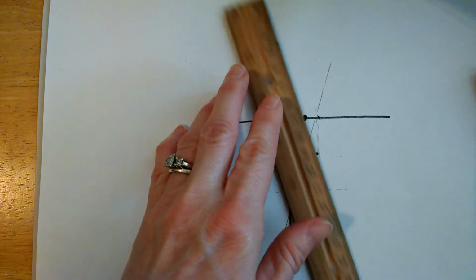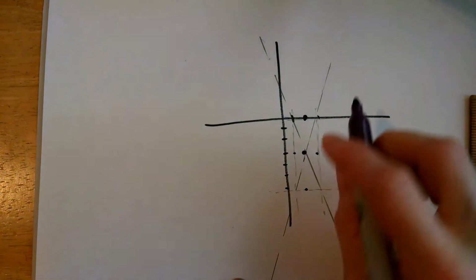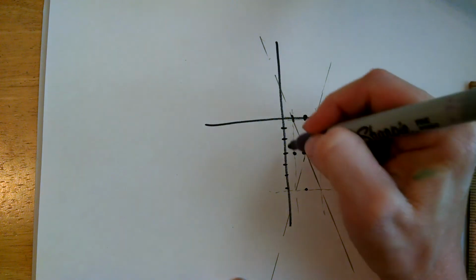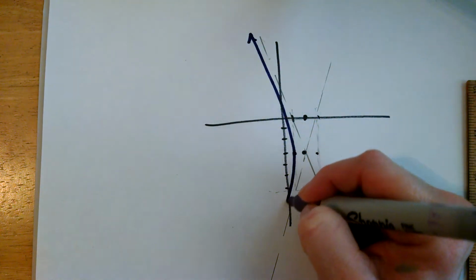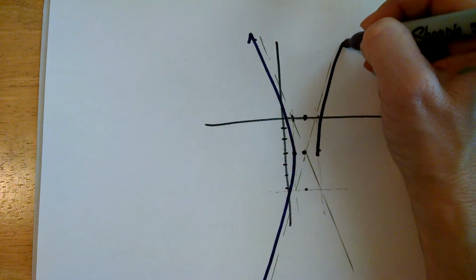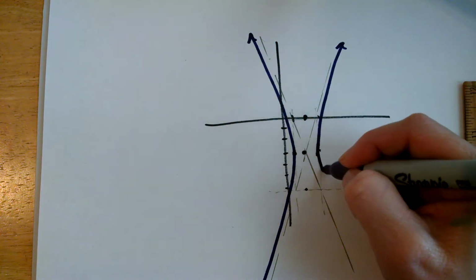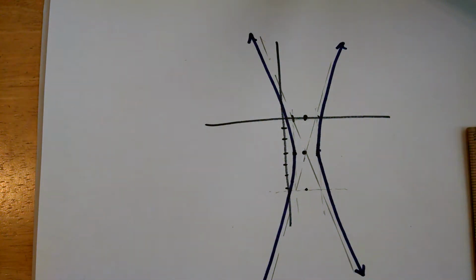Okay, so it opens to the left and to the right. And this is my vertex here. Going to kind of follow that shape there, with a little swoopy, kind of curvy. Okay, there we go.